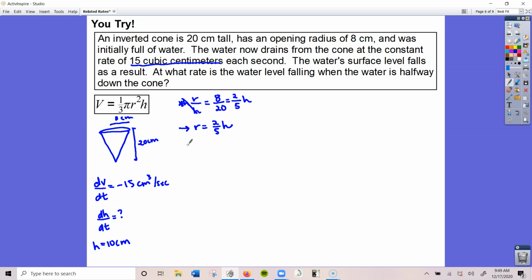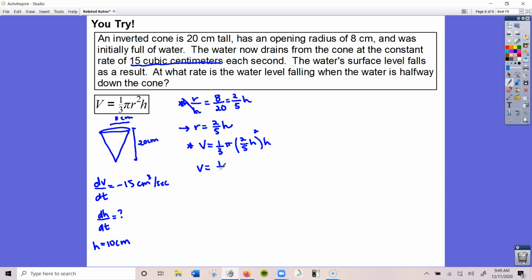Now I can go back to my volume equation. Volume is 1/3 pi times the radius, which is 2/5 h, squared, times h. Let's simplify this before we find the derivative.